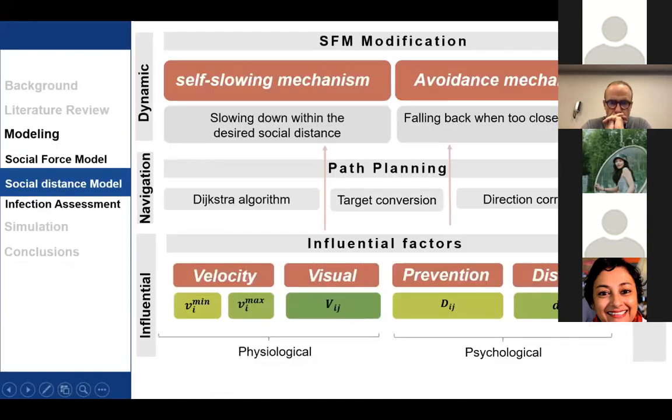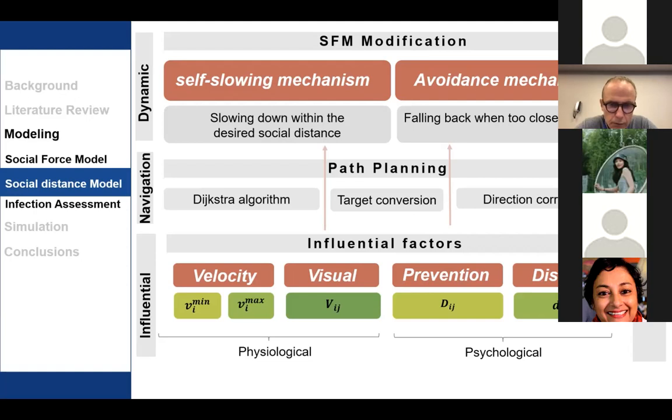Here is the framework of the social distance model, which is composed of three parts: dynamic, navigation, and influential factors. The influential factors include velocity, visual field, prevention awareness, and social distance. We use the Dijkstra algorithm in pathfinding, which guarantees pedestrians can deal with complex environments such as turning, dead corners, and so on.